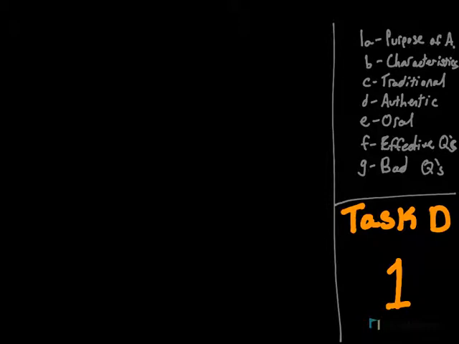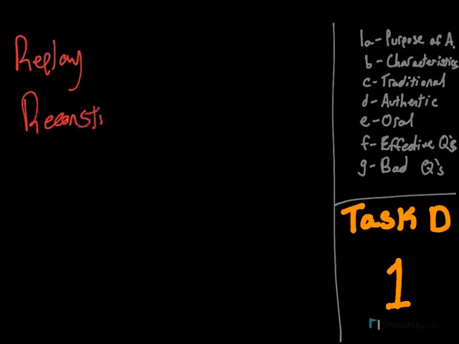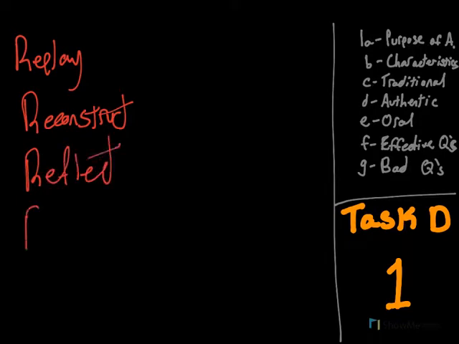Now, a good authentic assessment has a student replay events, reconstruct what led up to them, reflect on what happened, and redirect this knowledge into what they can do better in the future.